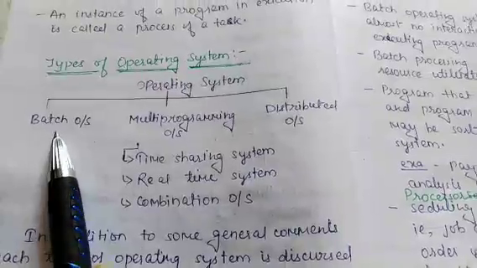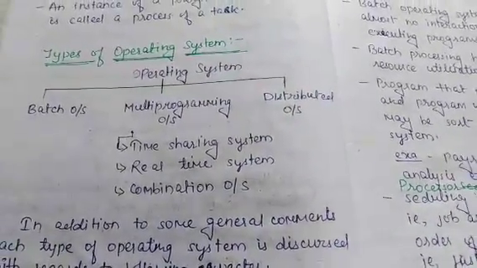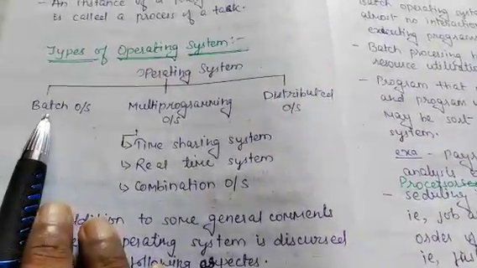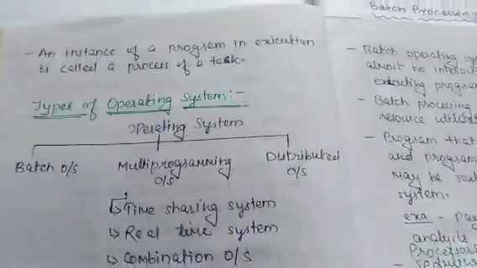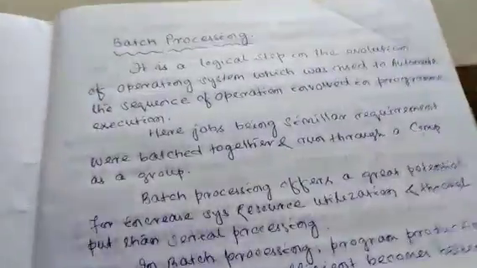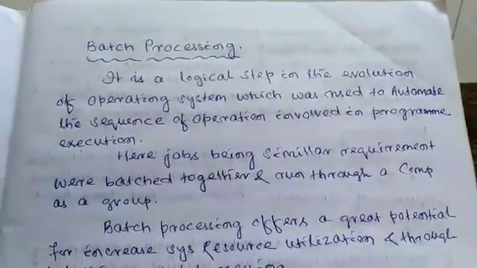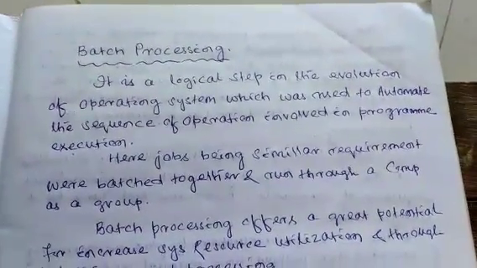Batch we have already discussed. Similar jobs are grouped together, that is the batch. Just look at the batch processing operating system according to our syllabus; we will learn it in detail. A batch is nothing but a group of similar jobs.